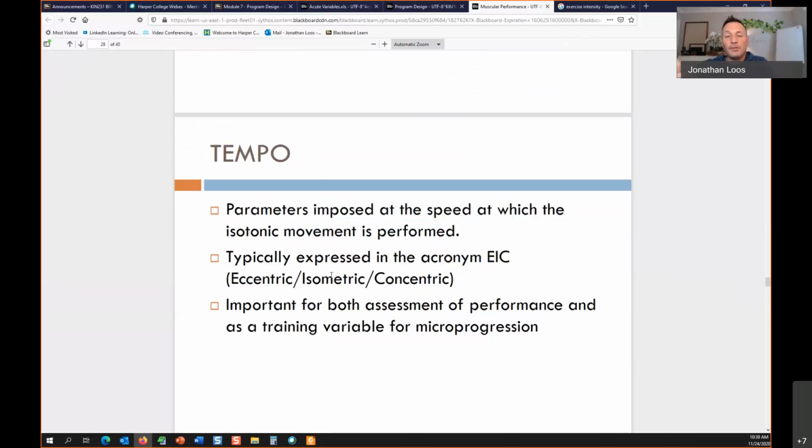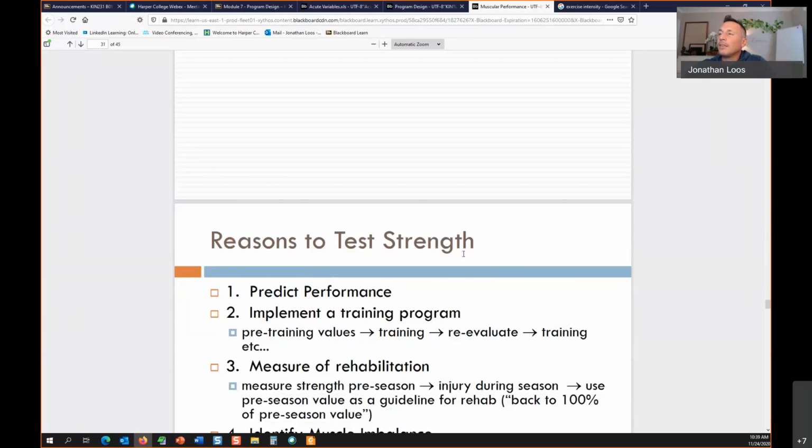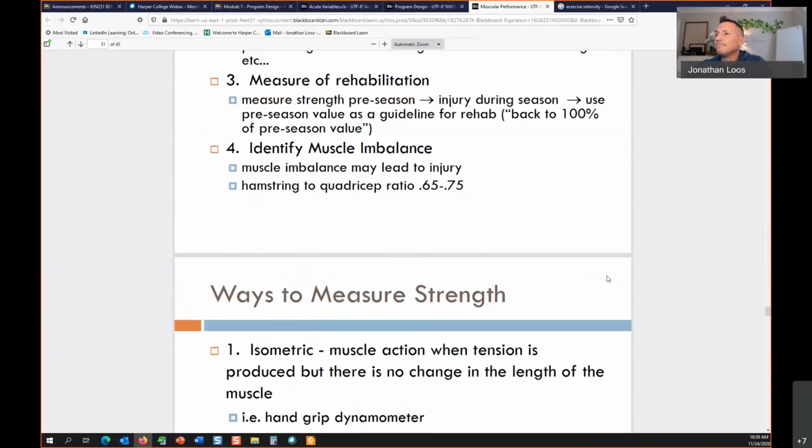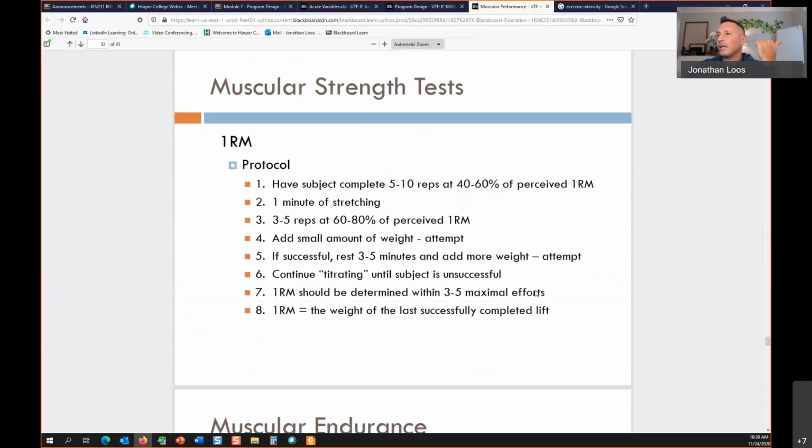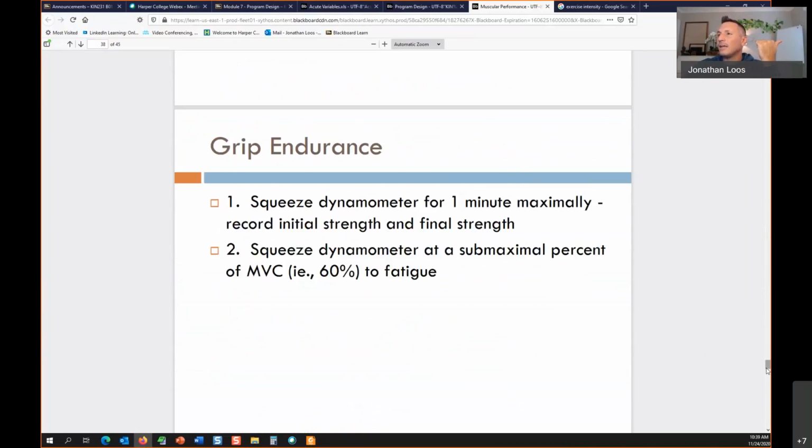You can flip it and do 1 second eccentric, 2 second concentric, or you can spend 2 or 3 seconds in one of those phases, and each iteration of that has a different experience for the client and a different outcome. And I know I provided it in the KIN 230 class, but I have that one slide.